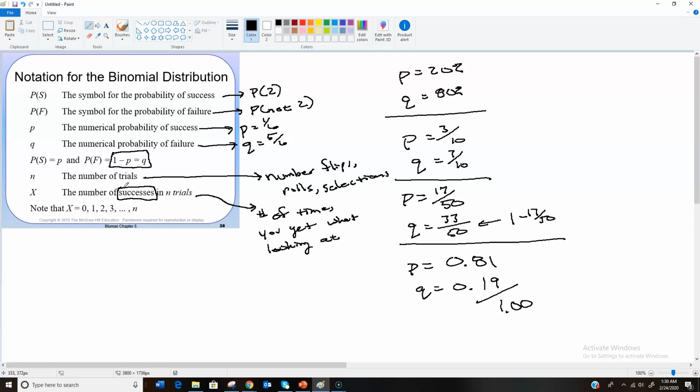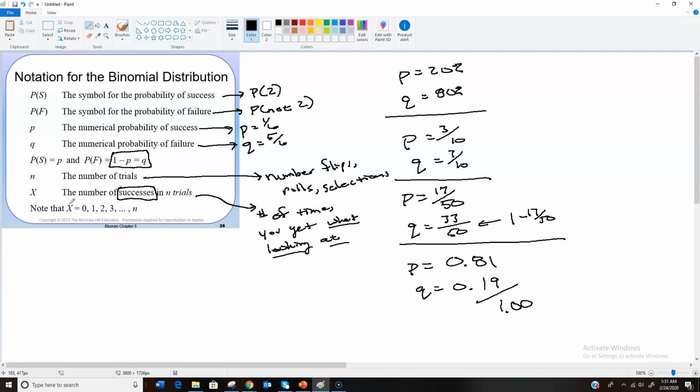Well, having a family member that's diagnosed with cancer is definitely not, in the typical sense of the word, a success. But because it's what we're looking for in the trial, someone who has had a family member with cancer would be a success. So you can't think of success as being a positive attribute or a negative attribute. It's just simply what you're looking at, what you're studying, what you are trying to find.